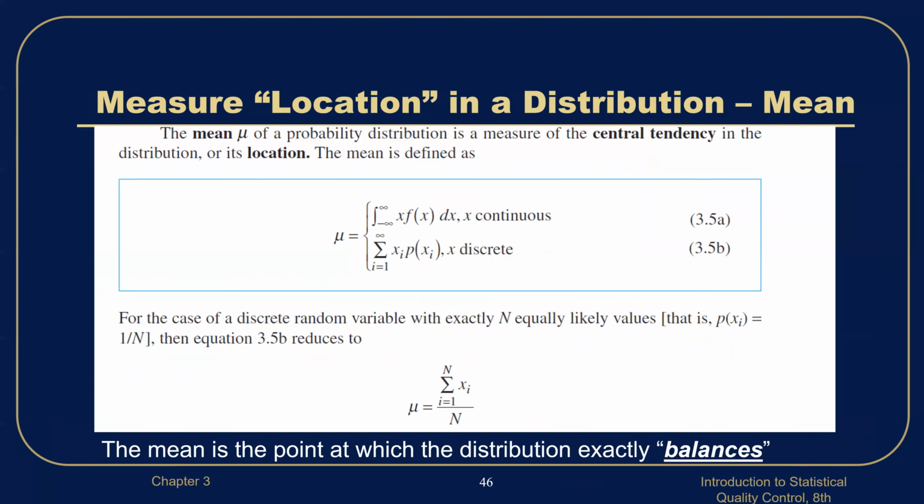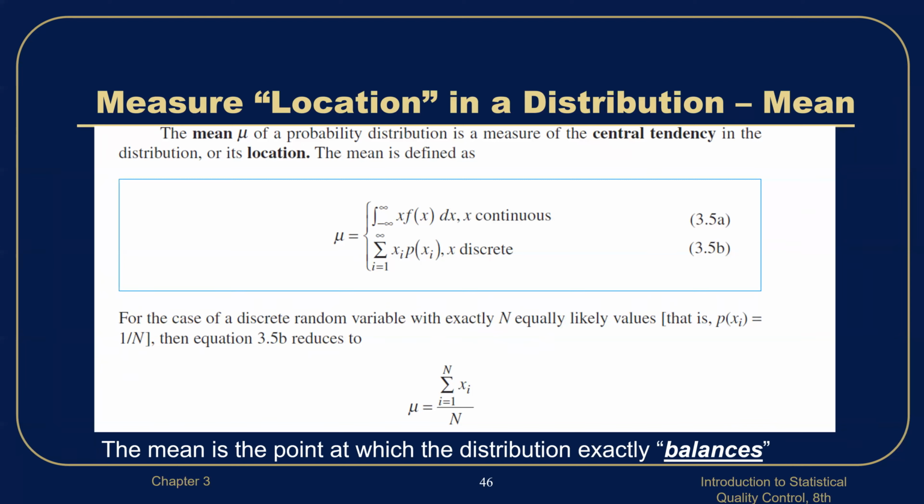We have learned that the mean of a probability distribution is a measure of the central tendency or its location. The mean is calculated in different ways for continuous and discrete distribution. For continuous distribution, the mean is the integral of the variable multiplied by the probability distribution function for the whole range of the variable.